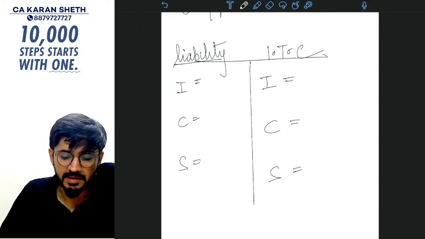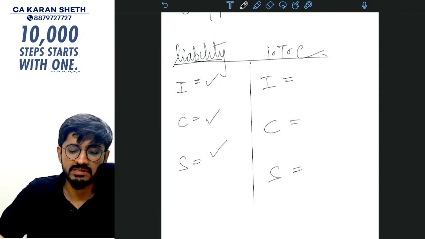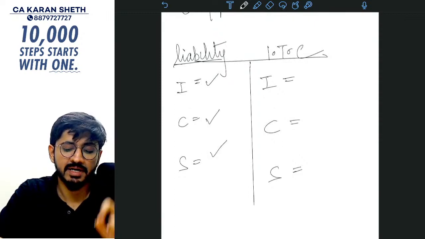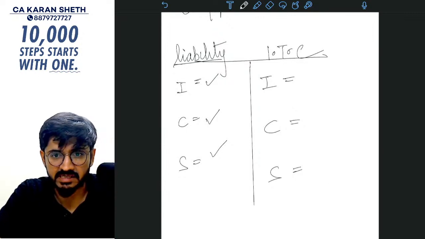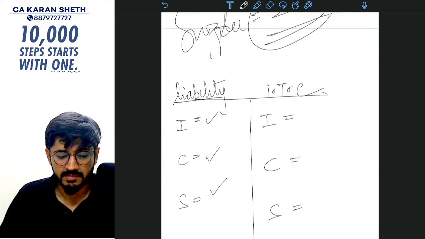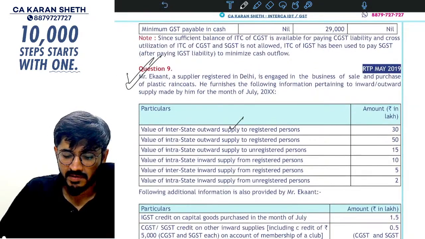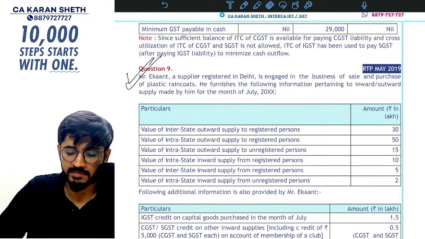So you tell me now, okay, starting with liability, you tell me what is the liability for IGST, CGST and SGST. Come on, start typing. Start typing, guys. Okay, focus on the word supply, outward supply, and you will understand what I'm trying to say.